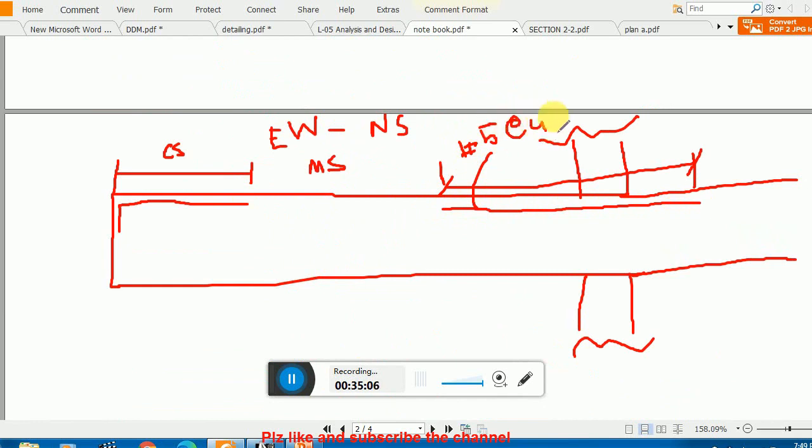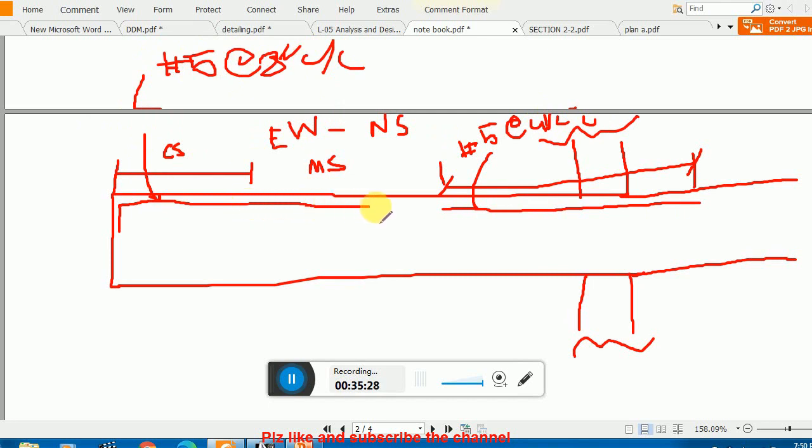And this bar is number 5 at the rate of 8 inch center to center in the east-west direction, but we are providing the bars right here. We already don't need it, but we are providing minimum reinforcement.